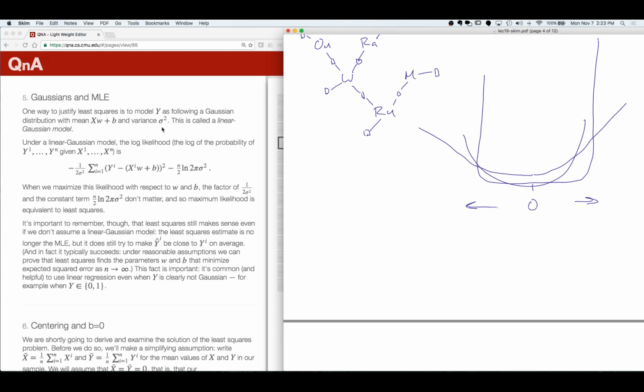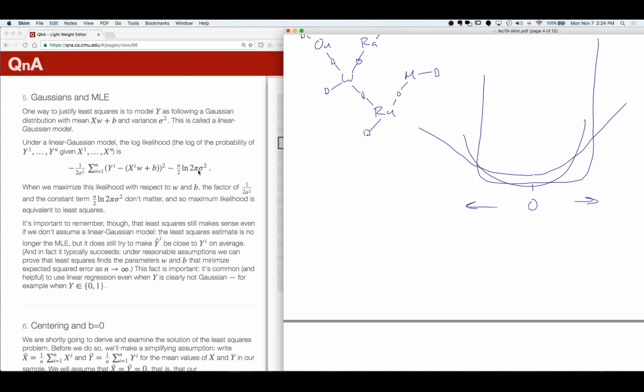That sort of linear Gaussian model does in fact lead to linear regression, to least squares. Because if you look at the log likelihood, meaning the log of the probability of the y's given the x's, the normal distribution is e to the minus residual squared divided by 2 sigma squared, and then there's a normalizing constant in front of it. And this multiplicative factor doesn't matter when we're minimizing because the variance is positive, and so we can just throw that away.